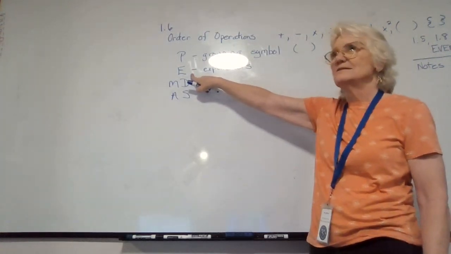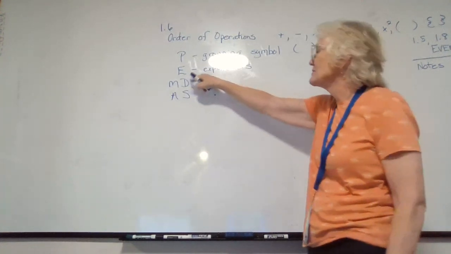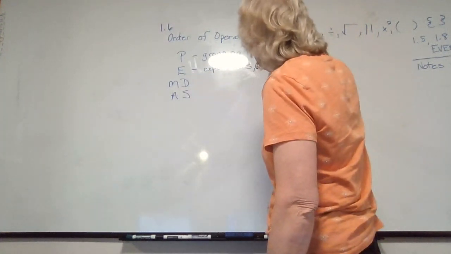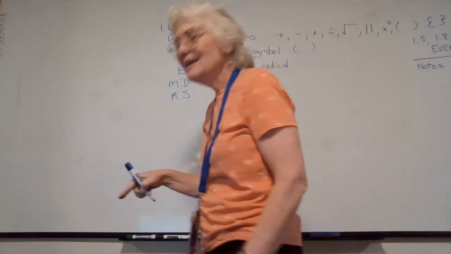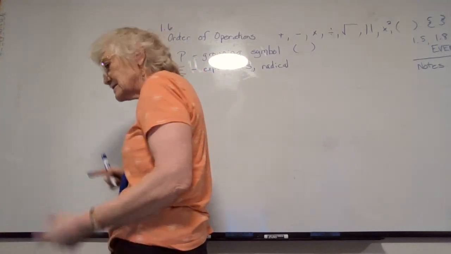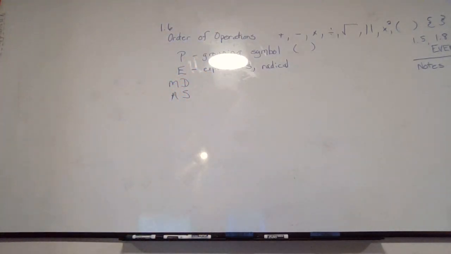It's a radical. So it's exponents and radicals. You might not know what a radical is yet. We're going to talk about that in grouping again, okay? But it actually has two parts, exponents and radicals. The reason why is we actually learn later in algebra that a radical can be written as an exponent. It's just a fractional exponent instead of whole number exponents. We've been working with exponents. Where have we been working with exponents? What kind of exponents have we used?